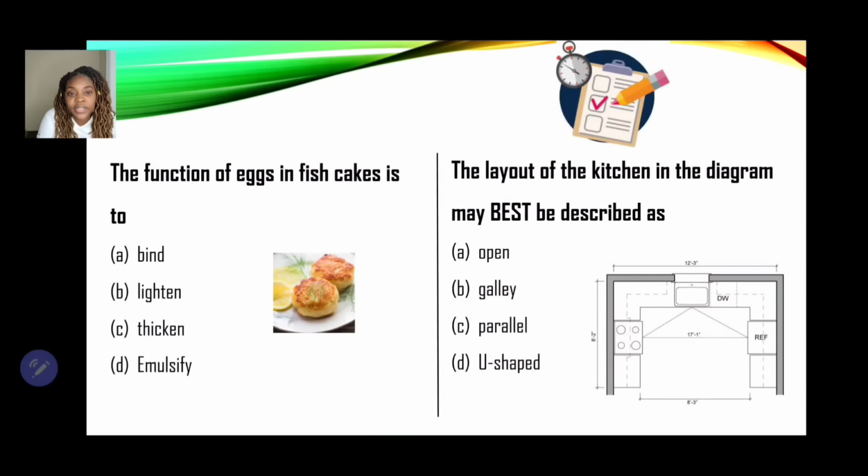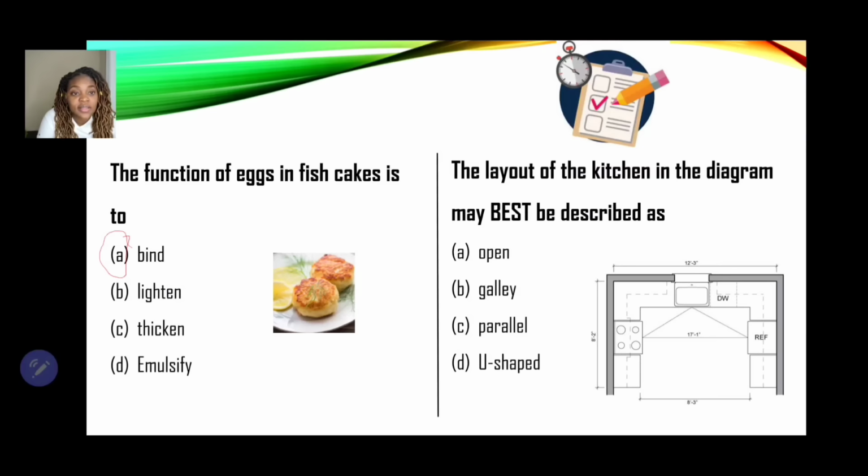So it's similar to what a burger patty would look like, right? So A, bind. B, lighten. C, thicken. And D, emulsify. Now all of these are functions of the eggs, but in this case the ideal answer here would be to bind, because we want to bind all the ingredients together so that we can form the fish cakes, right? And they will hold together.